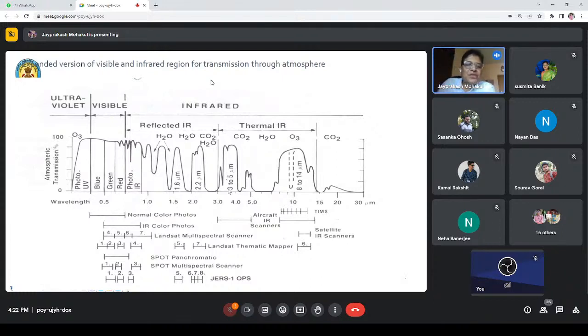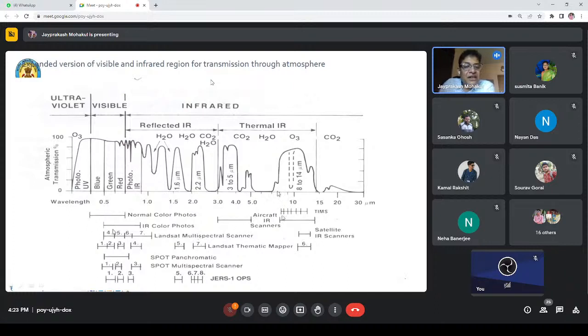Okay, so a normal color photograph that you have has three bands, one in 0.4 to 0.5, 0.5 to 0.6, 0.6 to 0.7, right? You can also have aircraft infrared photography. You can have 3 to 5 micrometer range, right?